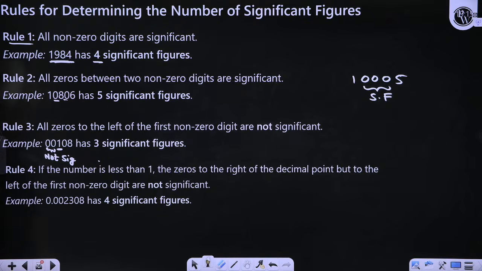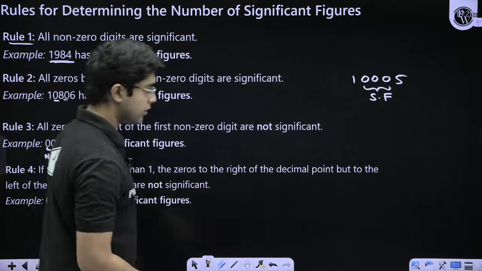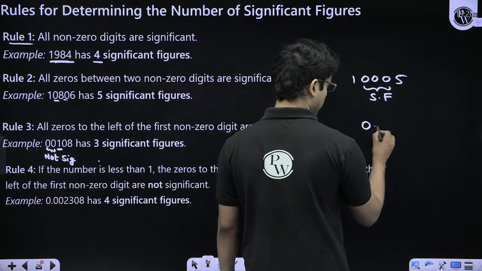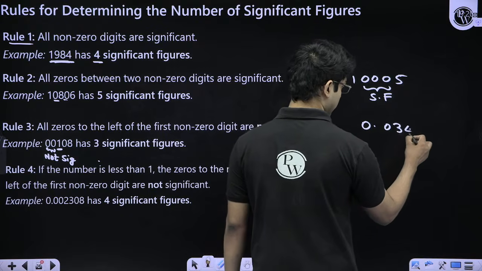Okay. If the number is less than 1, the zeros to the right of the decimal point but to the left of the first non-zero digit are not significant. Okay, number less than 1 means it should be like 0.0345, something like that.